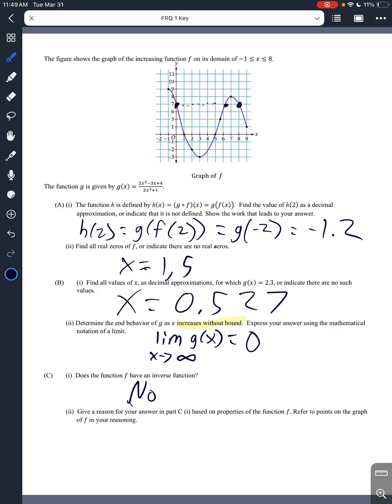C2 is always a justification problem. Give a reason for your answer based on properties of the function f. Refer to points on the graph of f in your reasoning. So properties of the function f, we want to say no. I'm going to change how I'm wording this.